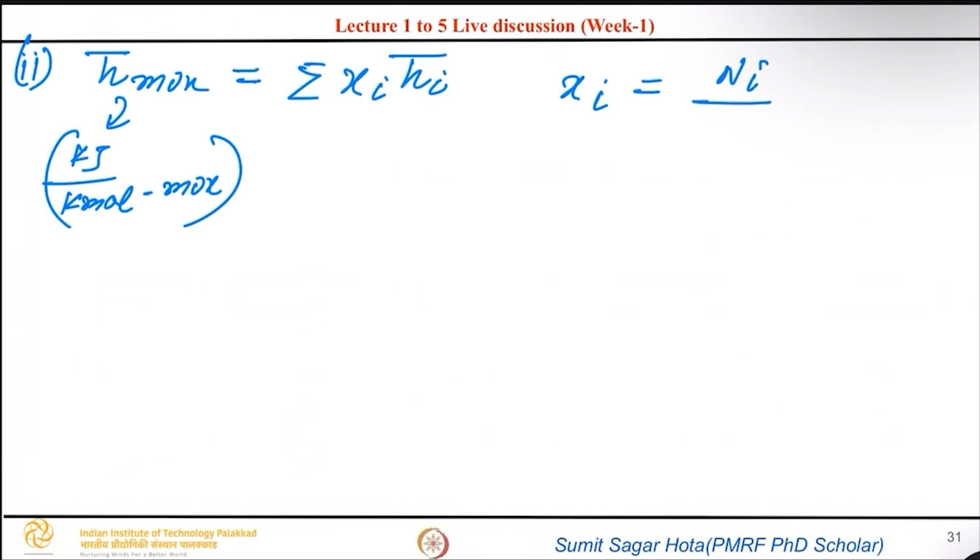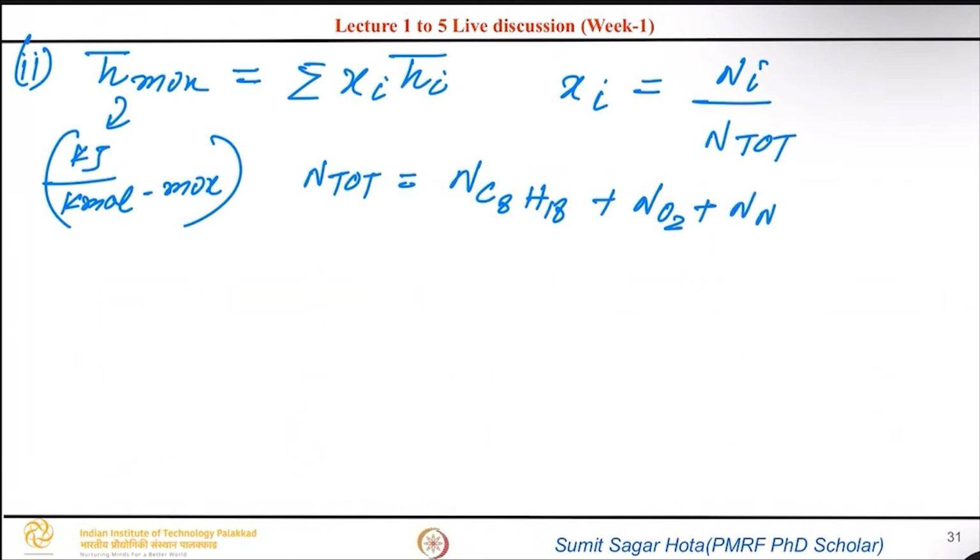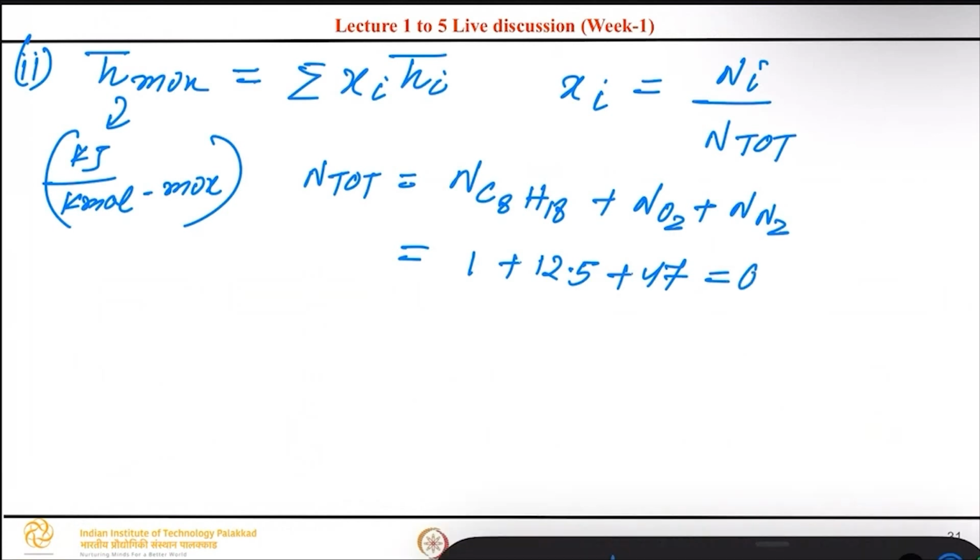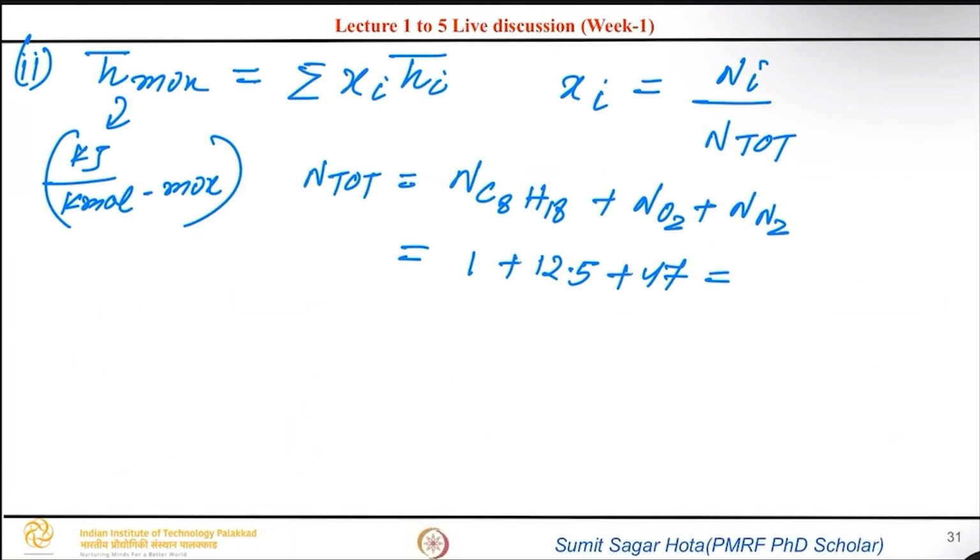The molar fraction, that is Ni by n total. Okay. What is n total? Just add all the number of moles. What are the species there? This we should get from our equation. The chemical formulation we can easily get from reactants to products.